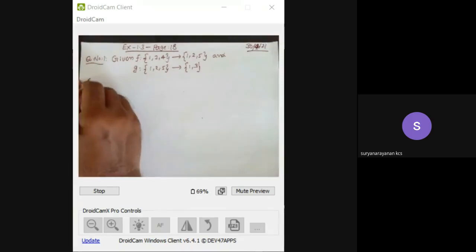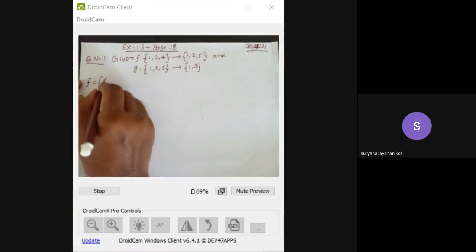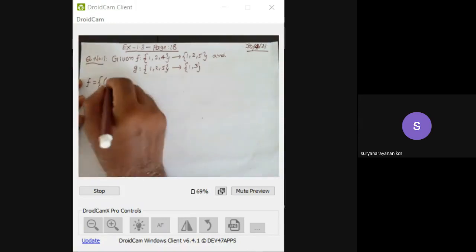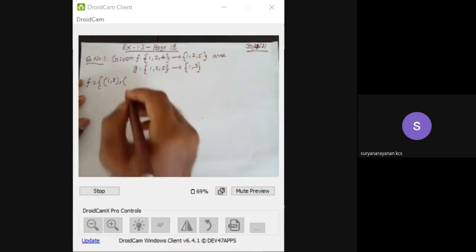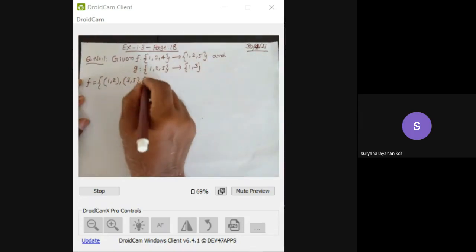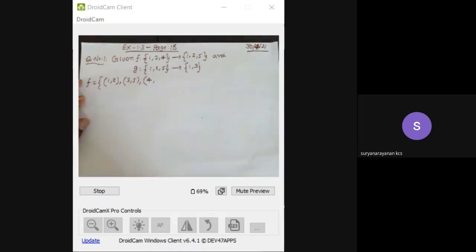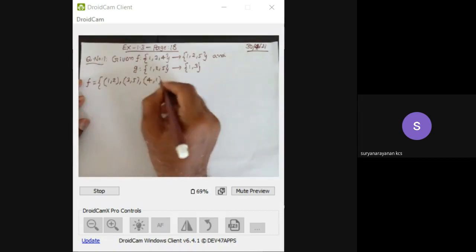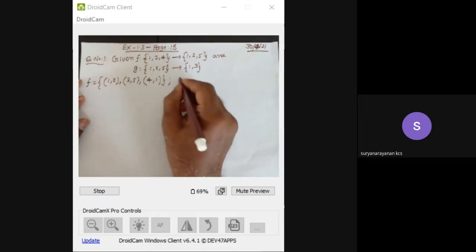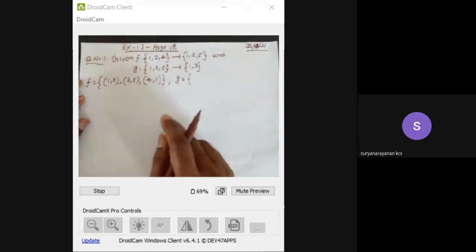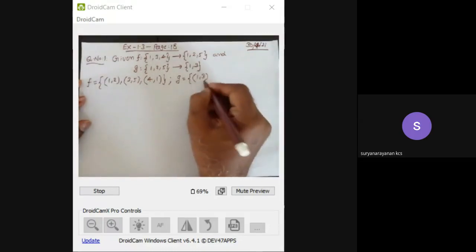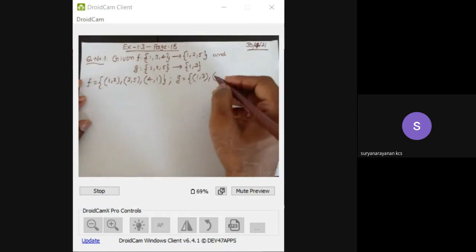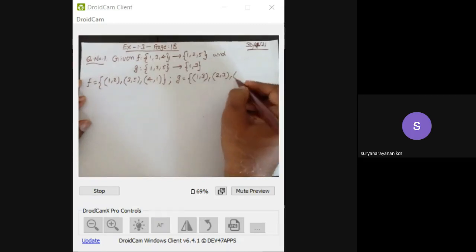See here, F is defined as ordered pairs (1, 2), (3, 5), (4, 1). And G is defined as ordered pairs (1, 3), (2, 3), (5, 1).